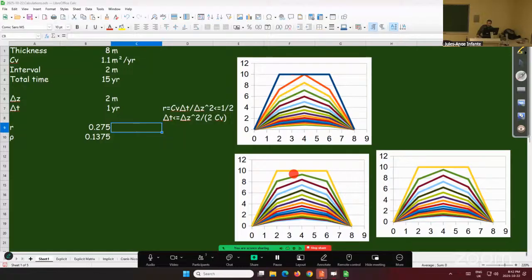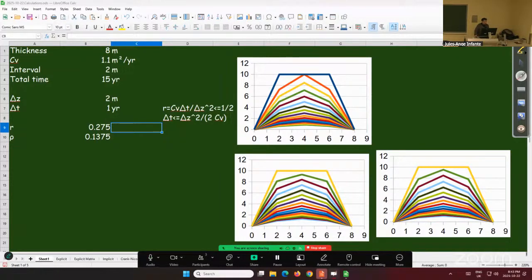The implicit, because it inverts the matrix, has a complex relationship between not just the direct neighbors. The direct neighbors were associated in the initial matrix, but that's at a future time step.